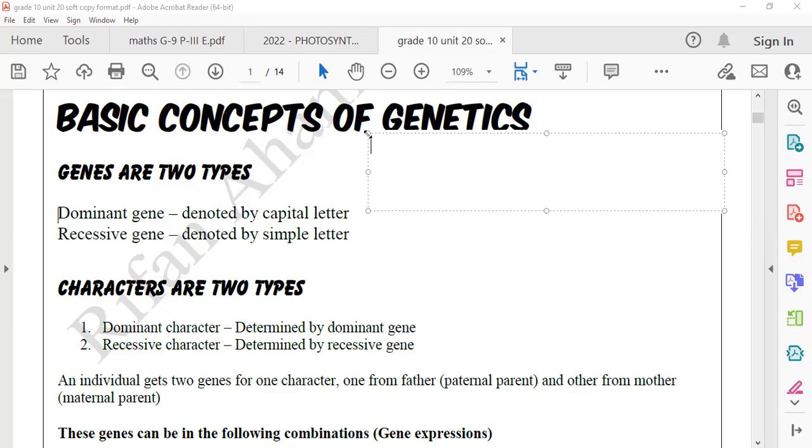Clear? Excuse me, sir. For left-handed, is the dominant character left-handedness? No. It is a recessive character. Remember, recessive characters don't mean they are bad characters.